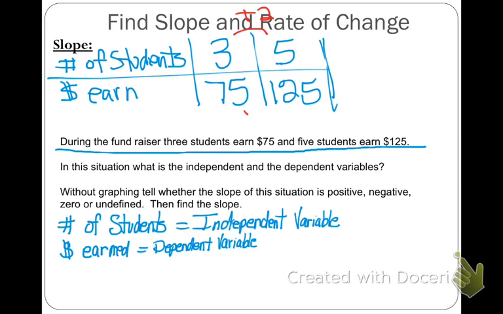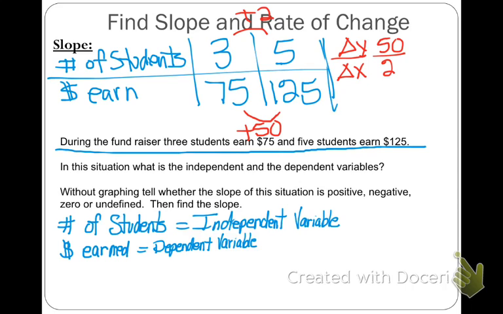When we look at our change in y, that's going up by 50. So I have a change in y, which is 50, over a change in x, which is 2. So since they're both positive, this is a positive rate of change or a positive slope.